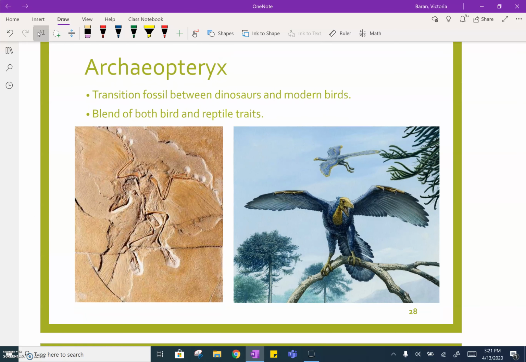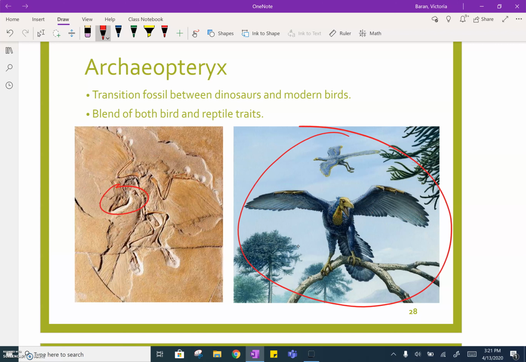We also have this fossil, which is called Archaeopteryx. It is the transition fossil between dinosaurs that were reptiles and modern birds. It had a blend of both traits, both reptile traits, more so in the face than anything else, but it also had bird-like traits in that it had wings and feathers.